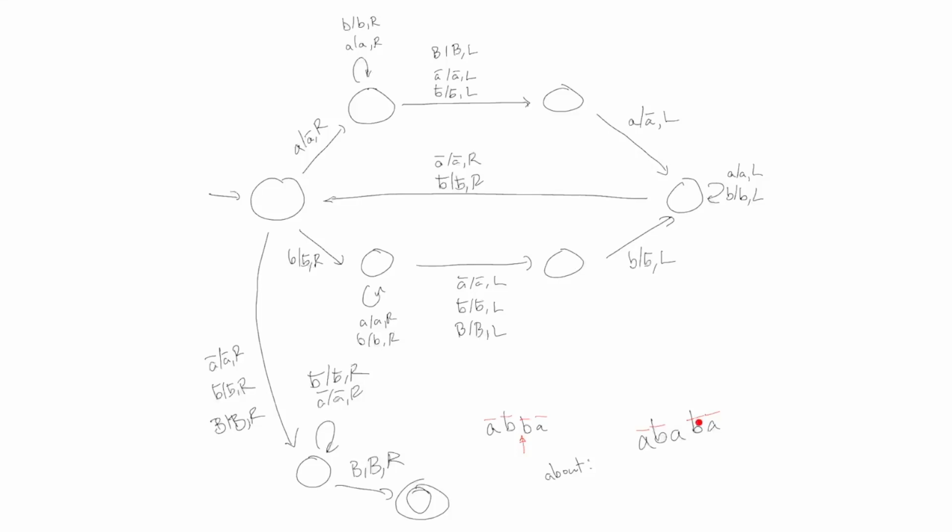Then it sees a marked thing next, and so it would do this B bar L, move back here, and in this state, it would be looking again at that A in the middle that was marked, A bar, right? I think actually that's the only way that that could happen. If I just put A bar, this direction doesn't matter, accepted right there.